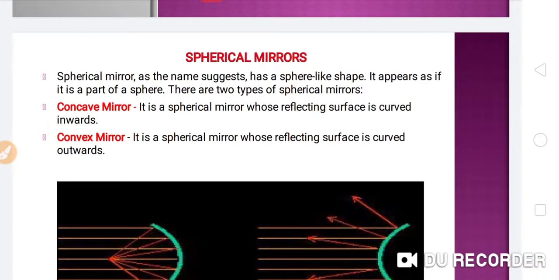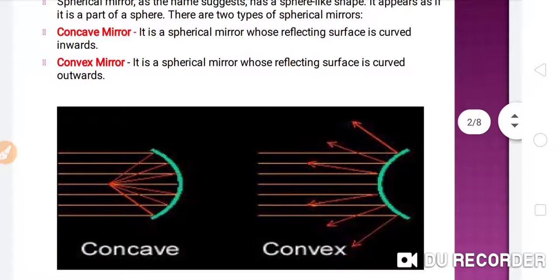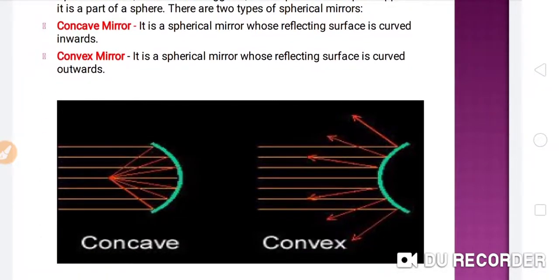A concave mirror is a spherical mirror whose reflecting surface is curved inwards, and a convex mirror is a spherical mirror whose reflecting surface is curved outwards. In this figure, the left hand side is the concave mirror, and the right hand side is a convex mirror.